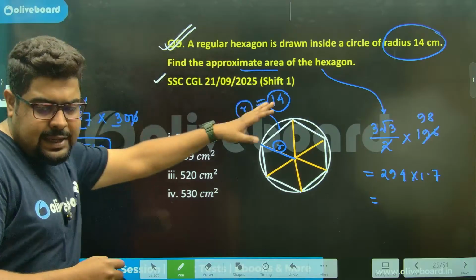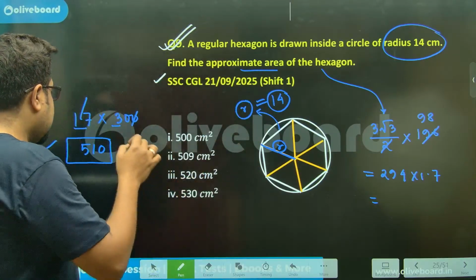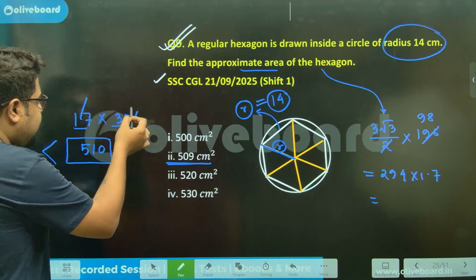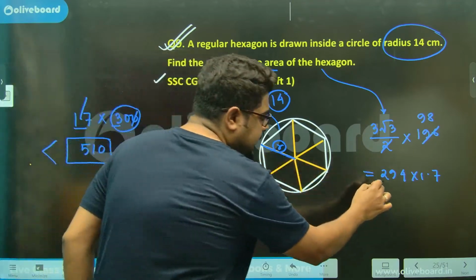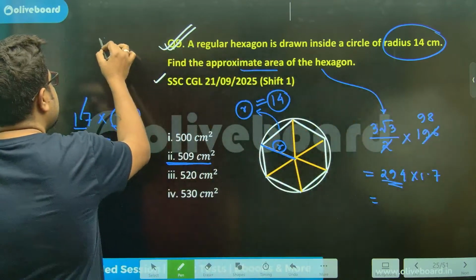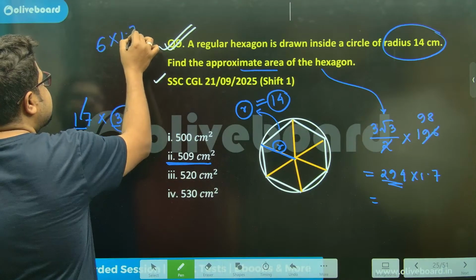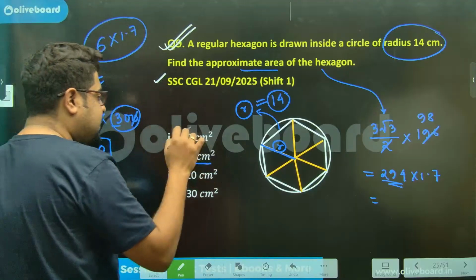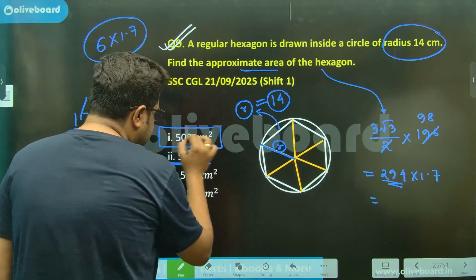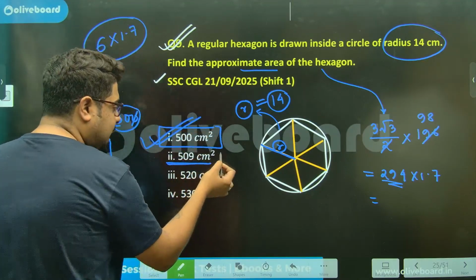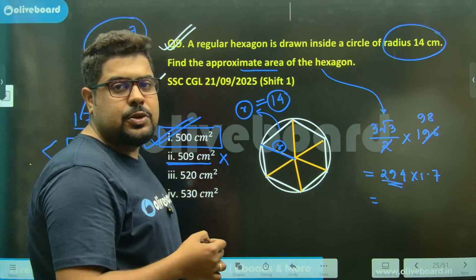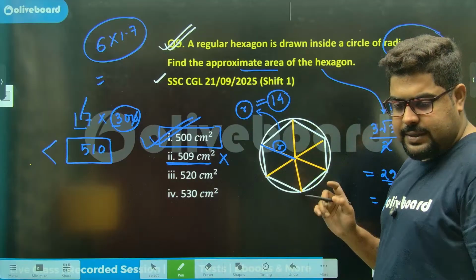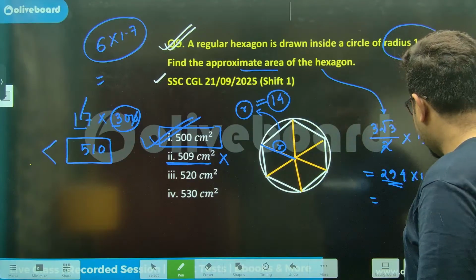Can it be 509? No, it will be further less because I have taken significantly more, so 6 more into 1.7. It has to be around that 500 mark. Clear? Simple. Moving on.